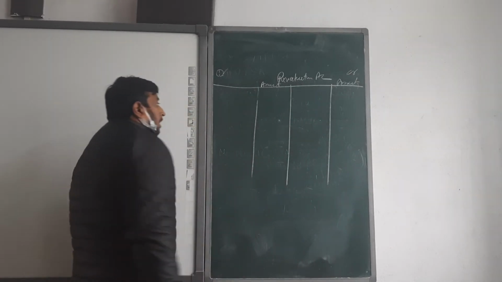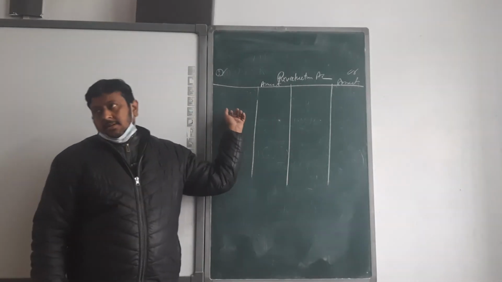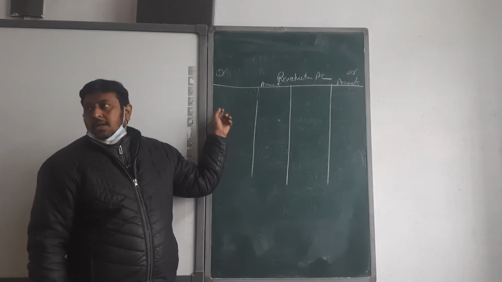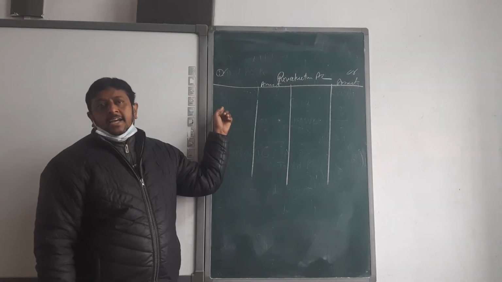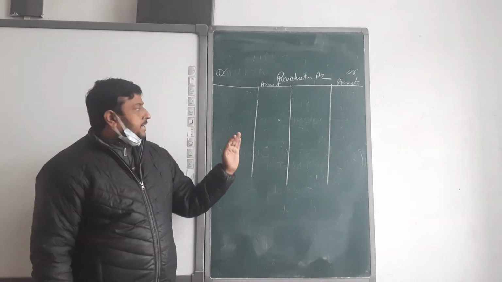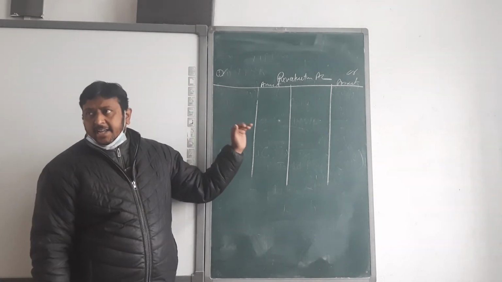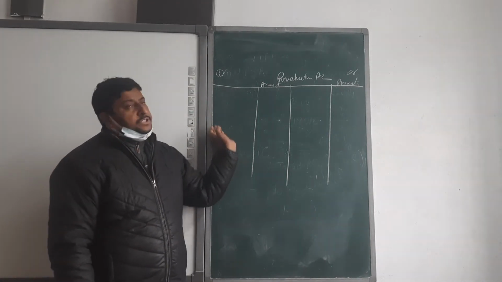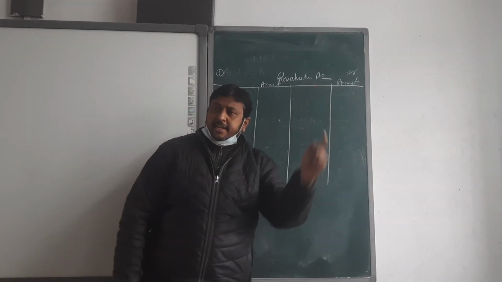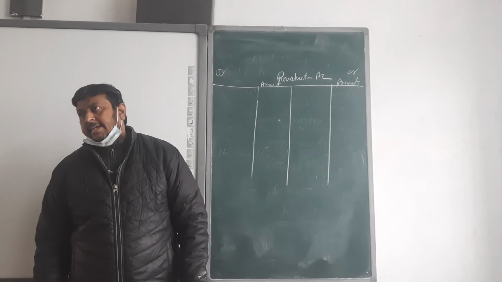Decrease in assets, which side? Debit side. And increase in liability? Debit side. Decrease in assets, debit side. Increase in liability, debit side. Just the opposite: increase in assets, credit side, and decrease in liability, credit side.